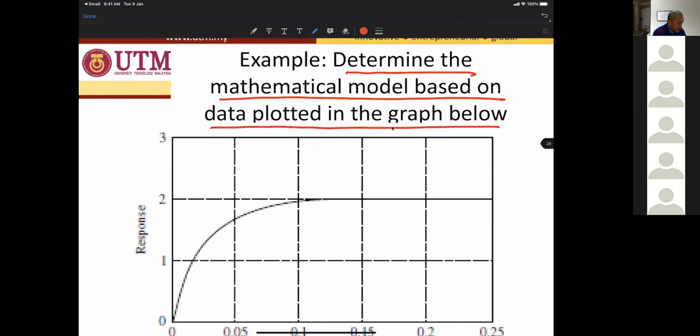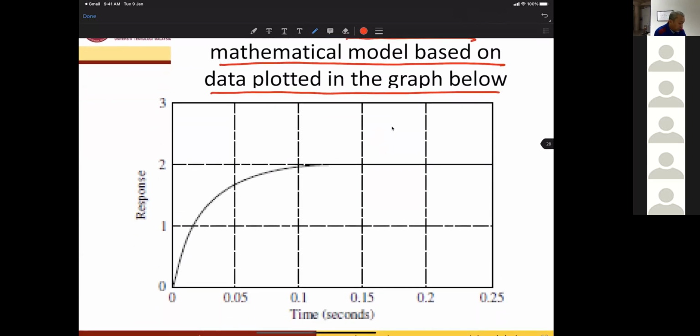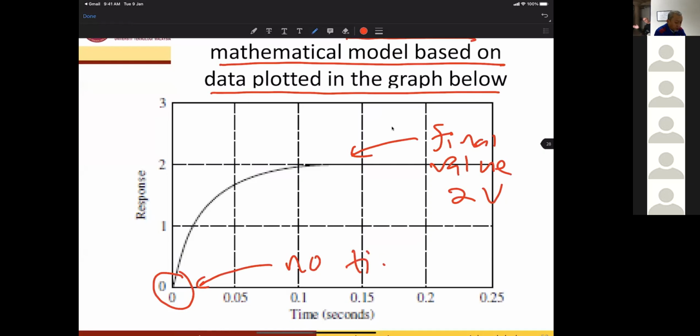This graph starts from 0, and the final value is 2 volts. Starting from 0 means no time delay.